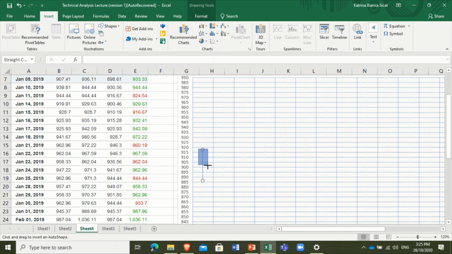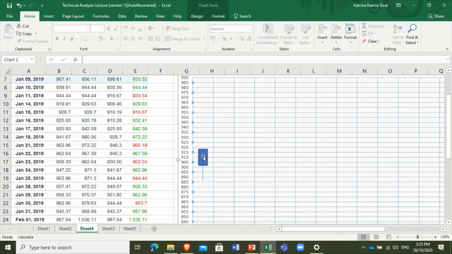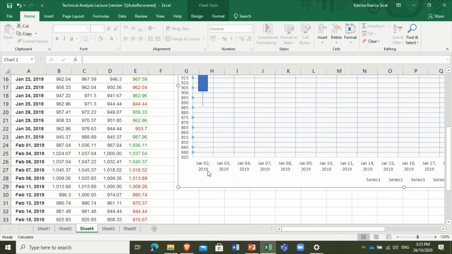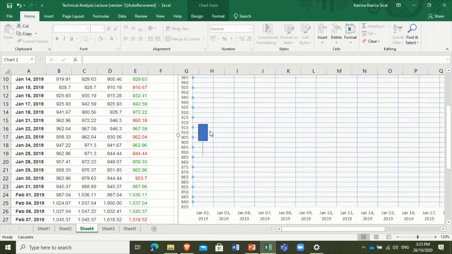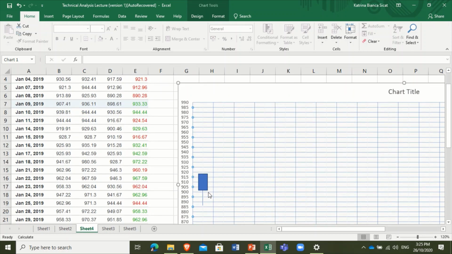Ito lang, just above 900. Okay, so alam mo na ganyan ang itsura ng candlestick chart mo for January 2, 2019. So since parehas yung closing price and parehas yung opening, right? Highest and closing, closing price and the highest price is same.